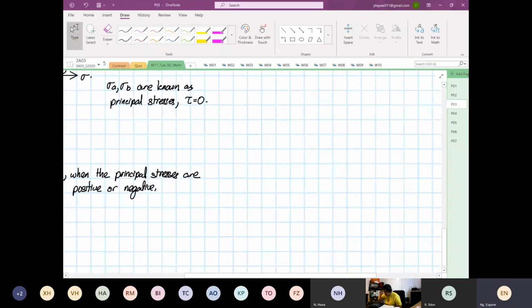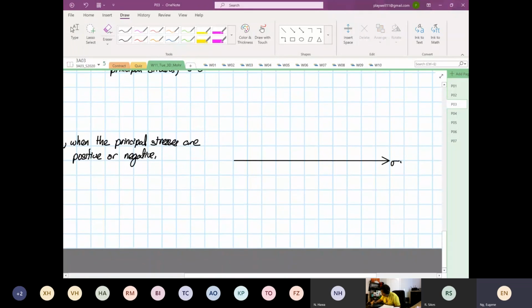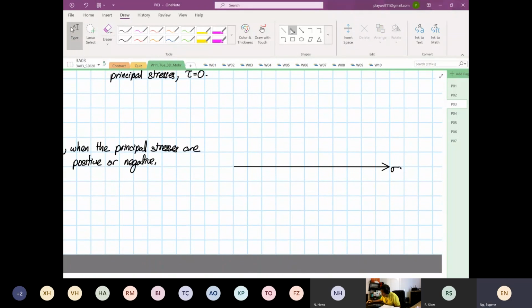Okay. So now for this case, if we were to draw this now, so what we are saying is this. So now the stress A and stress B is not equal to 0. Okay, so this is our normal stress, and this is our shearing stress. Right?